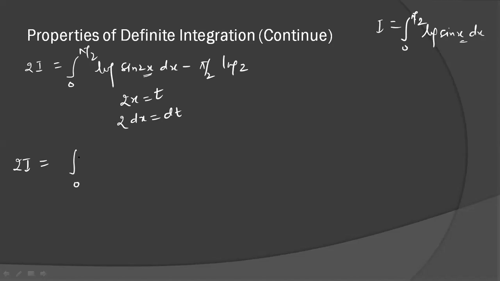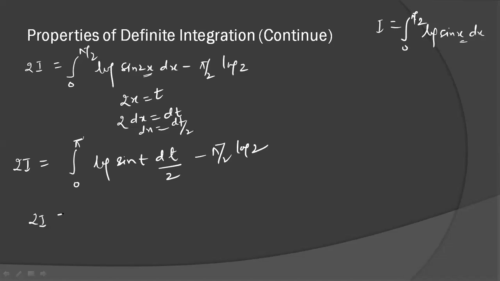So when x is 0, t will be 0. When x is pi by 2, t will be pi here. So it will be log sin t, and dx will be dt by 2, minus pi by 2 log 2. So 1 by 2 is going to be outside, the integration from 0 to pi of log sin t dt, minus pi by 2 log 2.